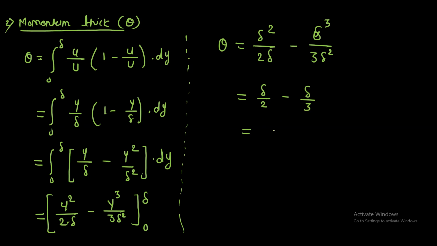Do the cross multiplication. So this is 3 delta minus 2 delta divided by 3 into 2, 6. So 3 minus 2 delta divided by 6. So this is the value for the momentum thickness, the answer for theta.